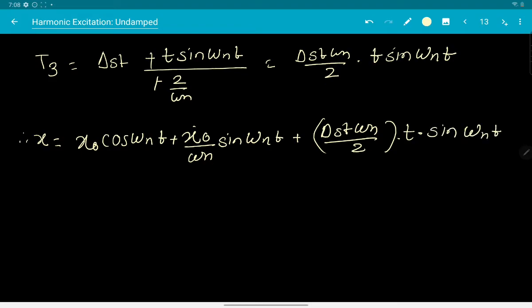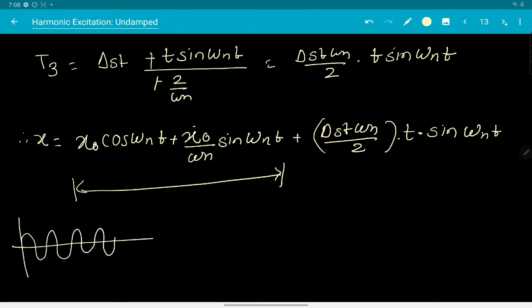Now you already know that this is the oscillatory response, with omega n being the circular frequency of that oscillation. If you look at this, it has two components.